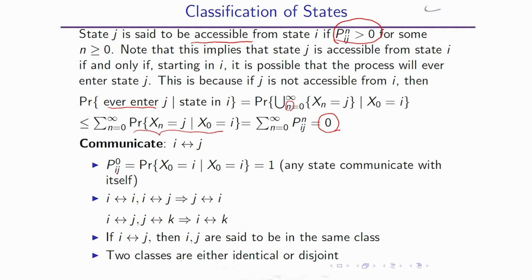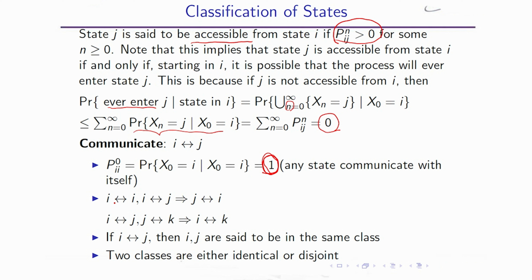First, P_ii^0 must be 1. This is by convention. That means if we start from i, then X0 will be i with probability 1. We assume that any state communicates with itself.